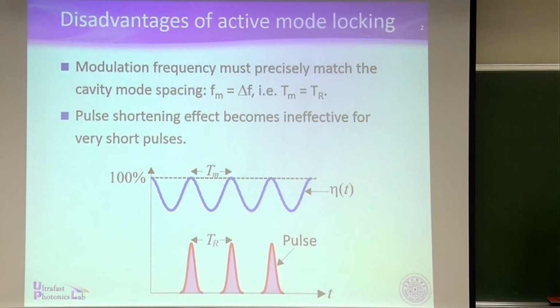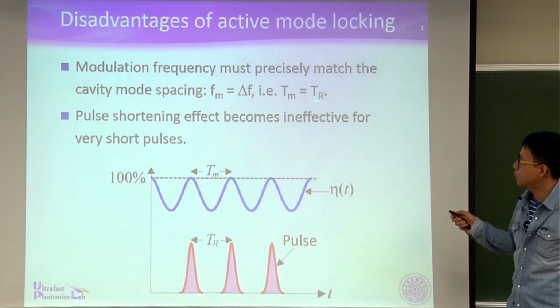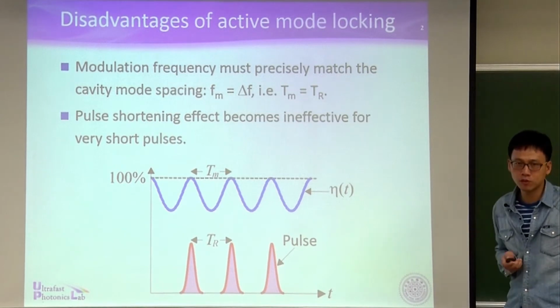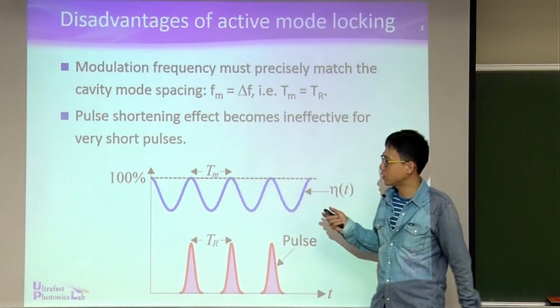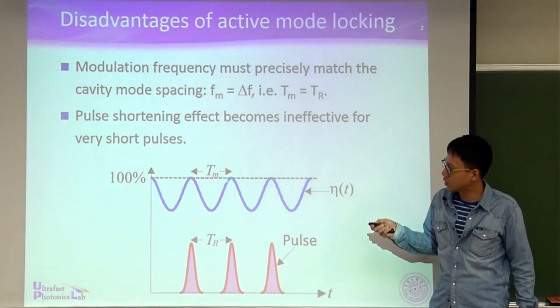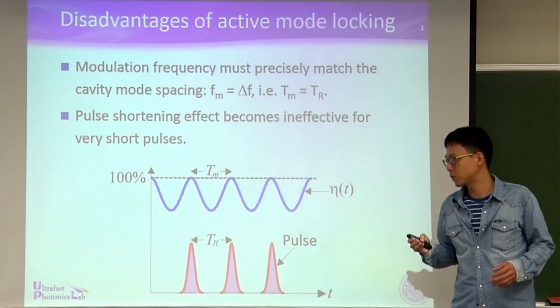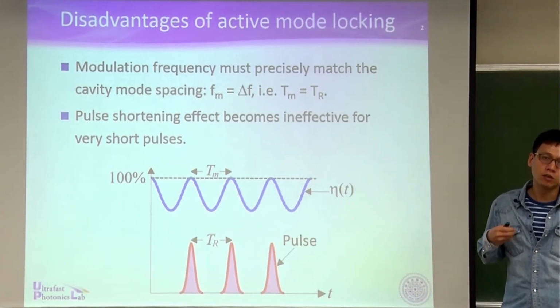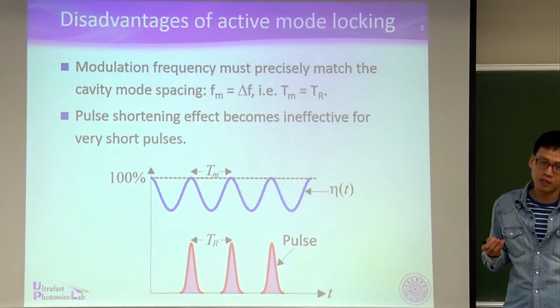The second problem is the pulse-shortening effect becomes ineffective for very short pulses. I've said that because pulse shortening depends on the curvature of the blue curve. When your optical pulse becomes shorter and shorter, it will see a relatively flat modulation curve. And a flat curve does not shorten the pulse anymore.